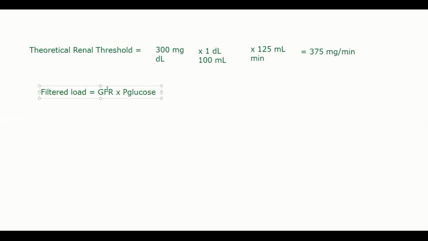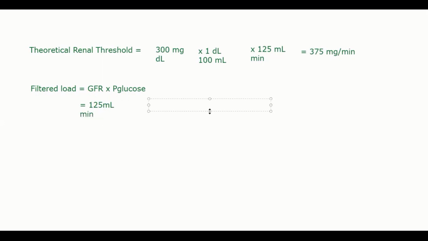It's P because we remember that we give concentrations by pressure sometimes. So we're going to multiply our 125 milliliters per minute, which is our glomerular filtration rate.